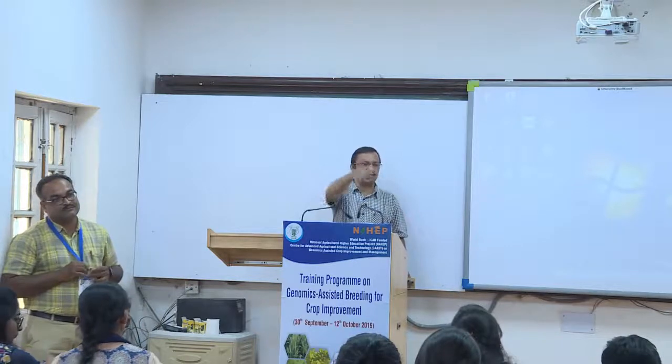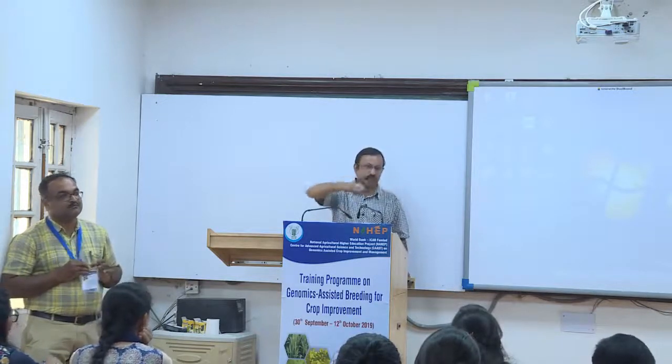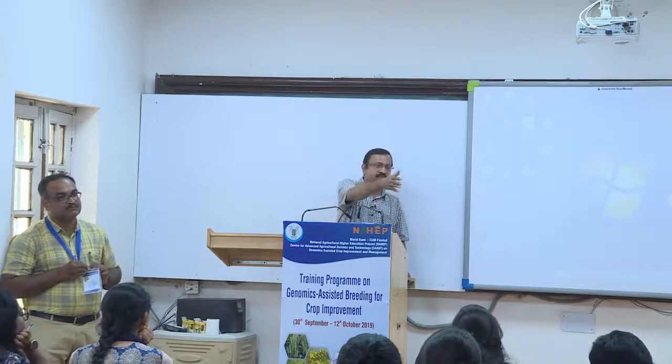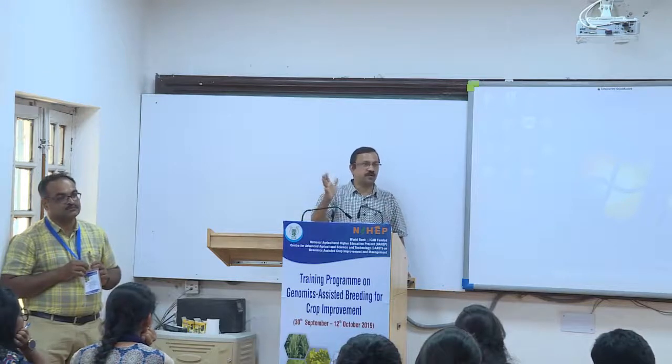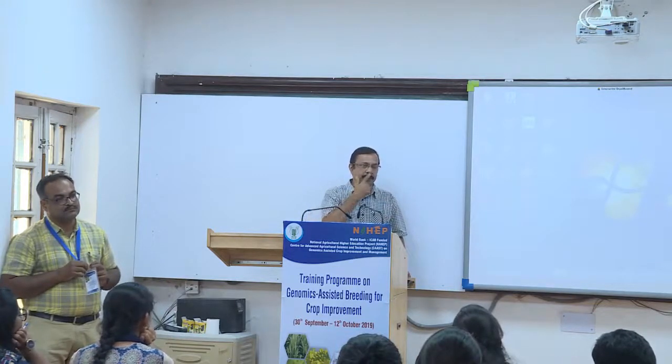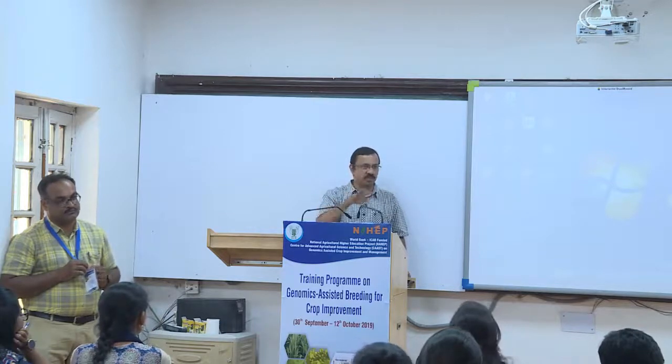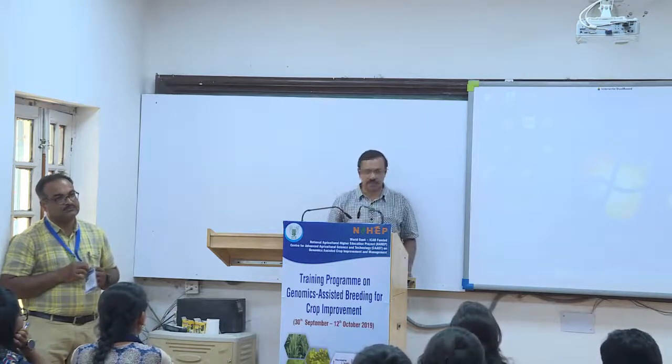In genomic selection, I am trying to capture the whole marker profile, and I am also trying to capture the elite markers. So in this, the QTL markers are to be kept. That means the donor sources are to be kept.